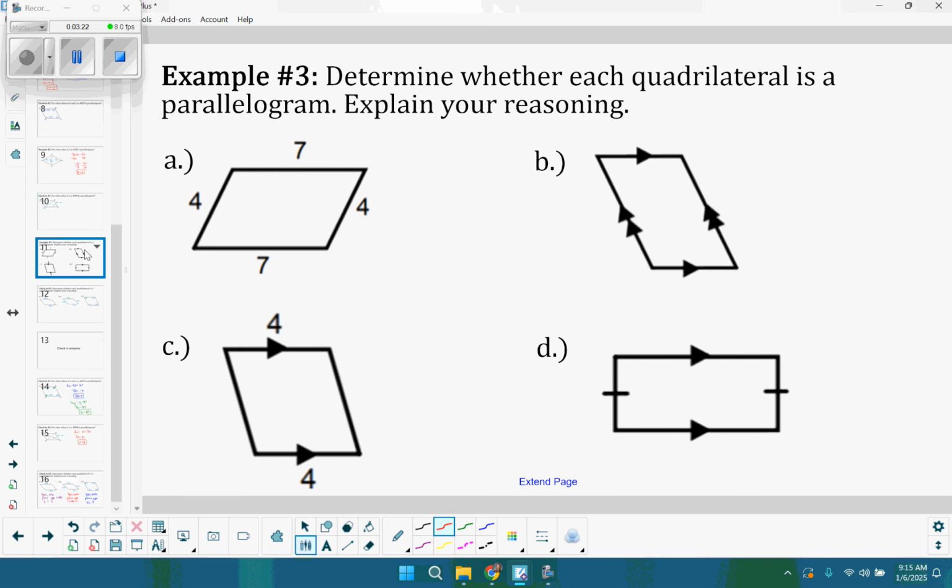The only other kind of question we're going to do here is determine whether each quadrilateral is a parallelogram and explain our reasoning. I'm going to make a list of our possible reasons. Both pairs of opposite sides are parallel. Both pairs of opposite sides are congruent.